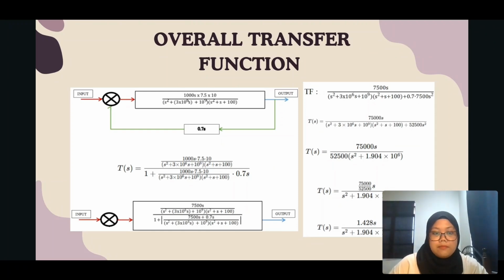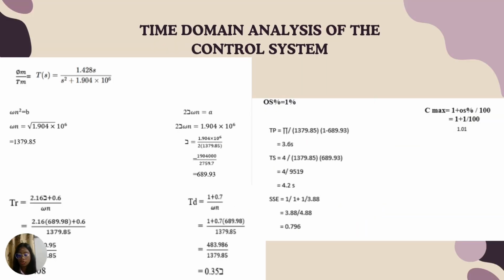That's all from me. Now I'm going to explain about the time domain analysis of the control system. After we get the OTF, 1.428 s over s squared plus 1.904 times 10 to the power of 6. Here the omega n equals 1379.85.